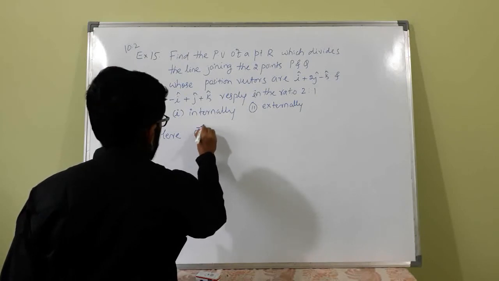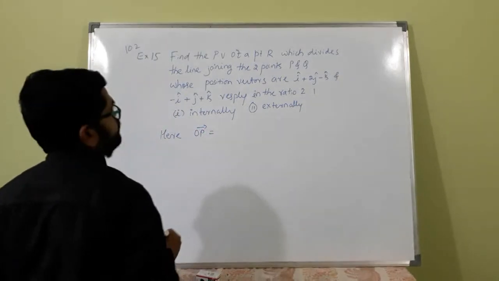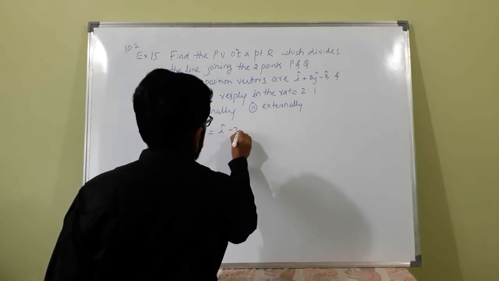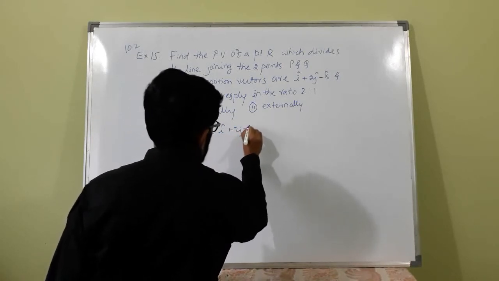Position vector of point P means OP is i plus 2j minus k.